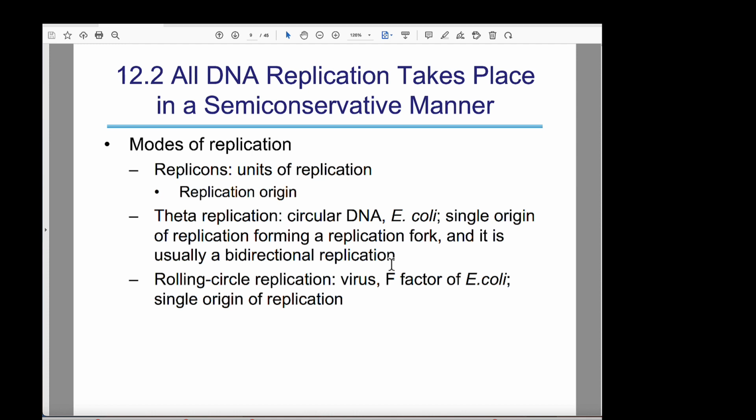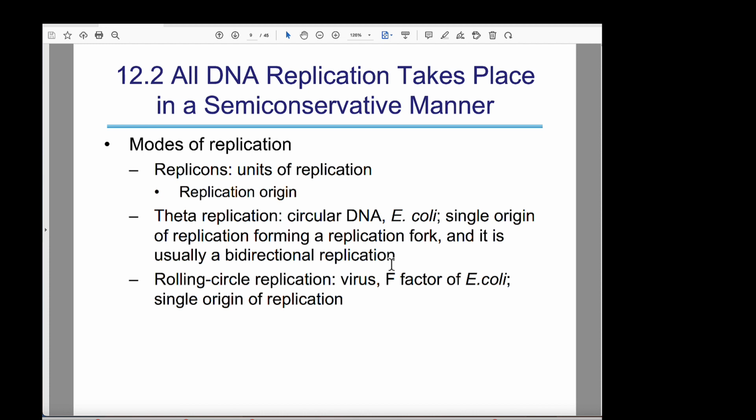And then you have rolling circle replication. Rolling circle replication is initiated by a break in one of the nucleotide strands, which exposes the 3' hydroxyl group and the 5' phosphate group. Once that happens, new nucleotides are added to the 3' end of the broken strand using the inner or unbroken strand as a template.